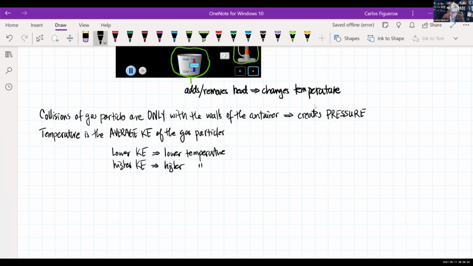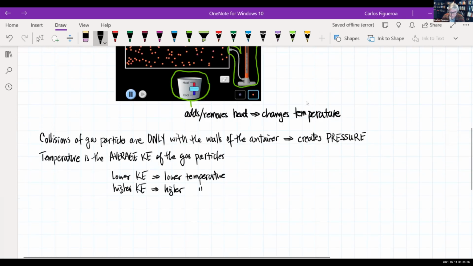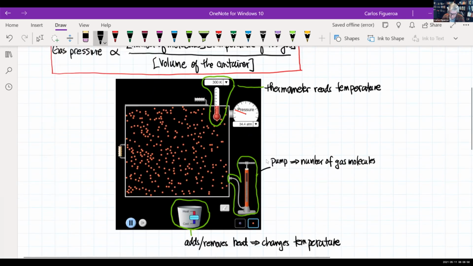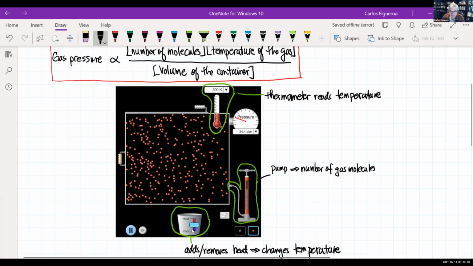And so if I go back up here, if we're adding heat, that means we're increasing the average kinetic energy. If I take heat away, that means I lower the average kinetic energy. And the thermometer is a direct measurement of this thing.